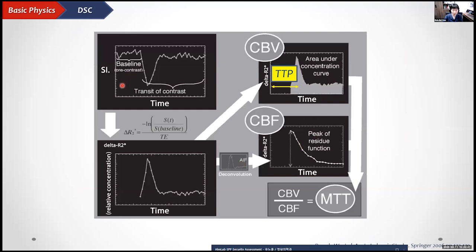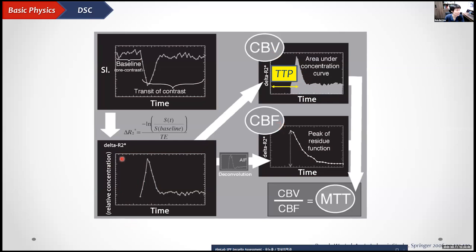After you get the signal intensity time curve, it's converted to the change in relaxivity curve, as shown here, or the relative concentration of the contrast agent. And from the concentration time curve, the area under the concentration curve corresponds to the cerebral blood volume. You can also get the time to peak from the curve.